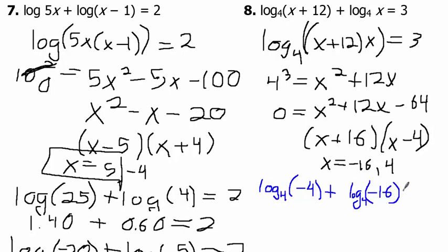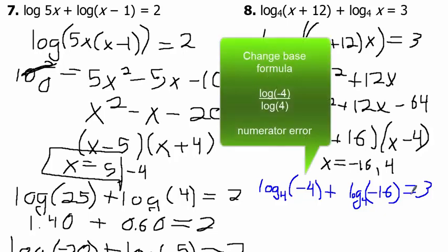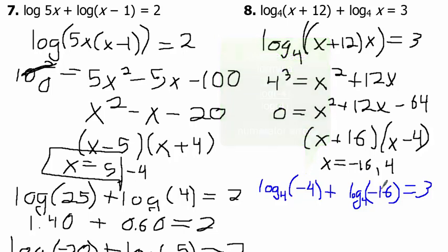Okay, check it in the calculator. What you're going to find is, now I do have to do change of base formula, but log of -4 does not exist. So I can't divide that by log 4. So these two terms do not exist.